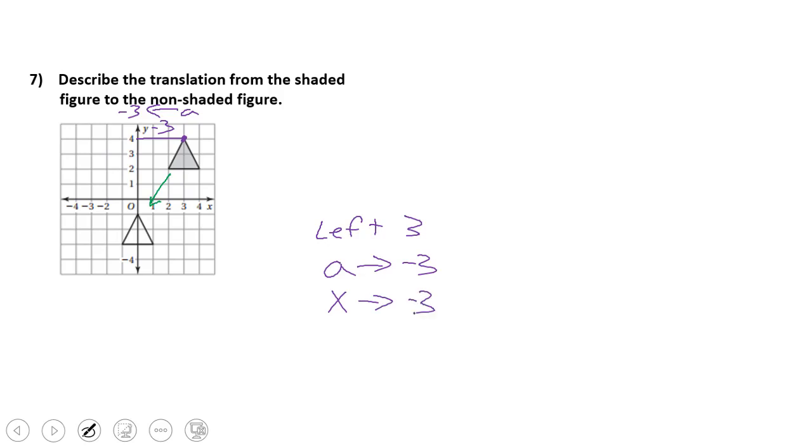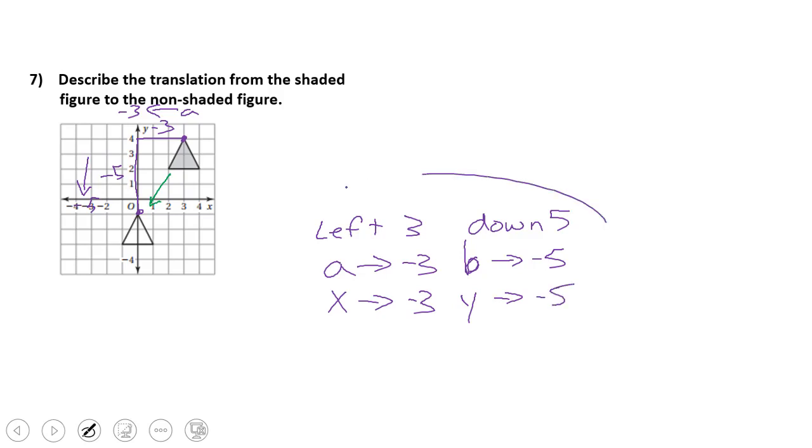And then from there, I have to go down to get to that same point. And that's 1, 2, 3, 4, 5. So I have to go down 5. And so down, that's subtracting 5. And so I could say down 5. I could say, B is -5. Or I could say Y, -5. Either one of those works. And that's how that is.